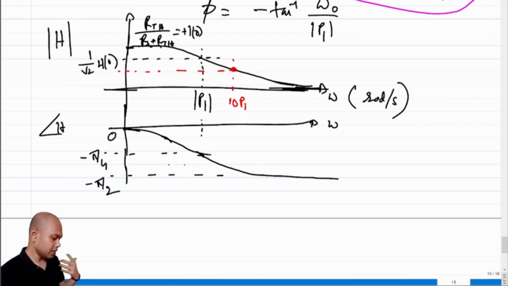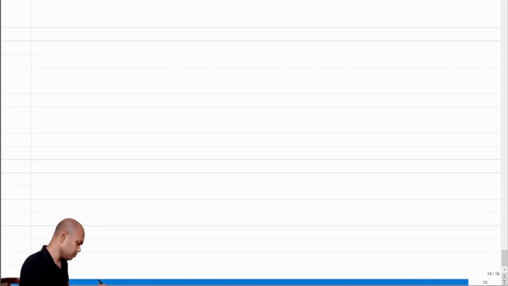Okay, so as it turns out, we further simplify this, and we use another approximation which we call a Bode approximation. So what is a Bode approximation?